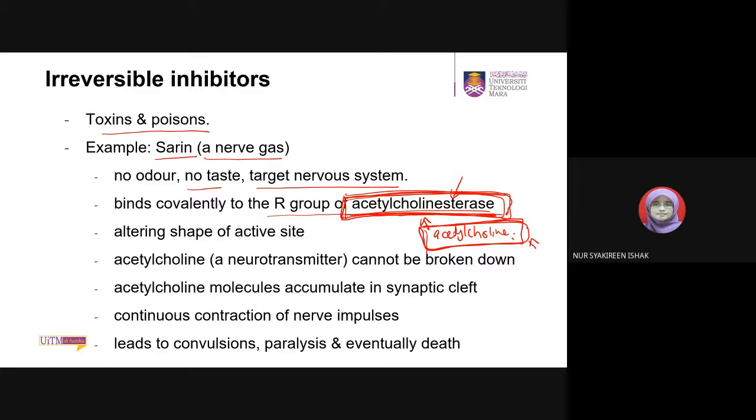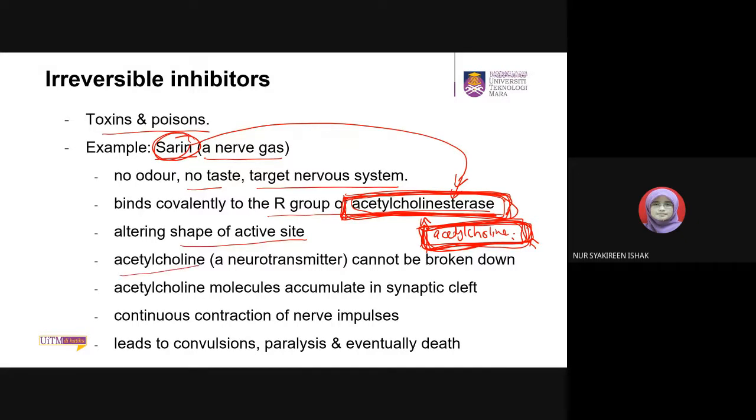So this acetylcholine has to be broken down by this enzyme, acetylcholinesterase. But in the presence of sarin, it will stop or prevent the reaction that breaks down acetylcholine. Let us look at this. Sarin binds covalently to the R group of acetylcholinesterase, altering the shape of the active site.